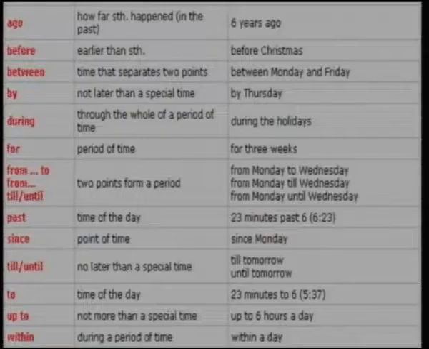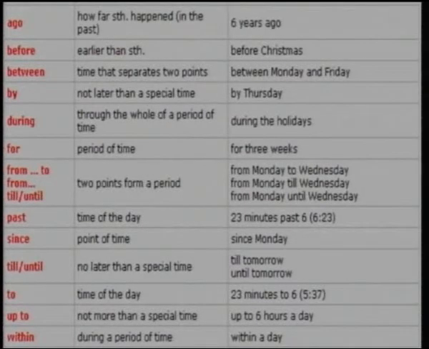To also refers to the time of the day. So we have 23 minutes to 6. Here we have to and past. Past refers to after, and to refers to before.